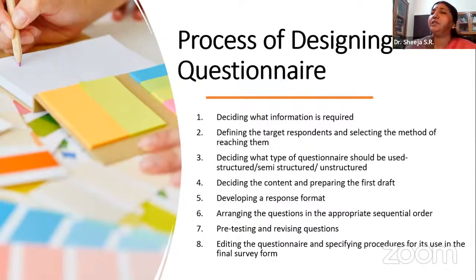Then arrange the questions in the appropriate sequencing. So sequencing is very important. See, for example, if you are collecting information from a lady, and the first question is, how many children do you have? Then asking, do you have children? Then asking, are you married? Such type of sequencing is not good.